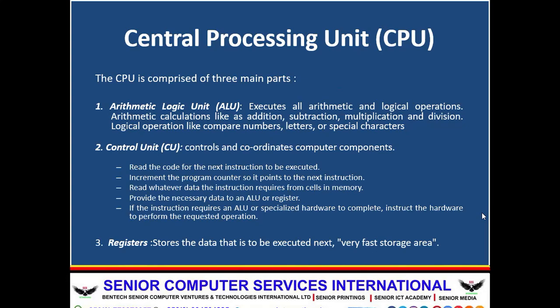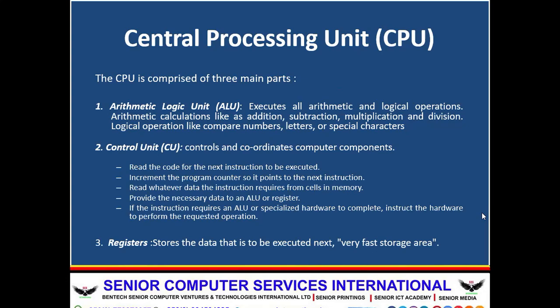Another component is the control unit. A control unit controls and coordinates computer components. It reads the code for the next instruction to be executed. It increments a program counter so that it points to the next instruction. It reads whatever data the instruction requires from cells in memory.